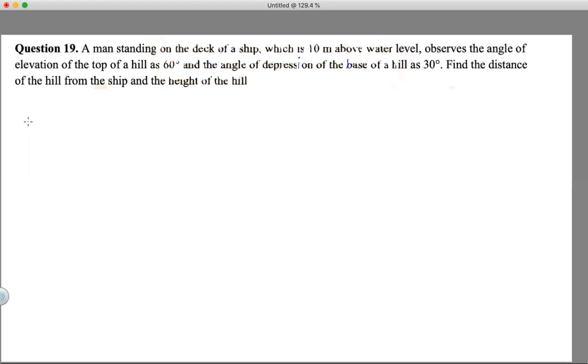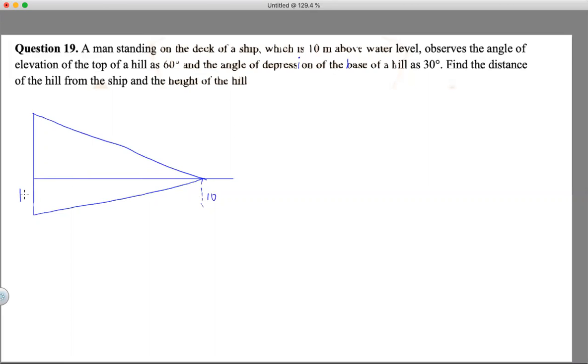So again we will sketch it. Anchal, please mute yourself. Okay, so what do we know? The ship is 10 meters above water, so this height is 10. So this height is also 10.